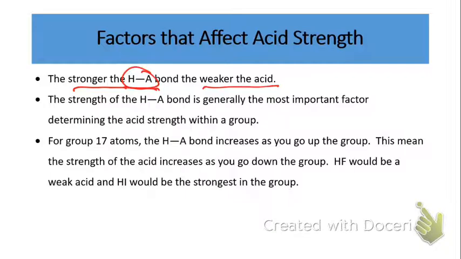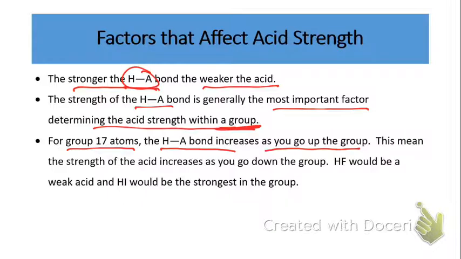And generally the strength of the HA bond is the most important factor for acid strength when going down a group in the periodic table, as I mentioned. Okay, so for example, group 17, the HA bonds increase as you go up a group.